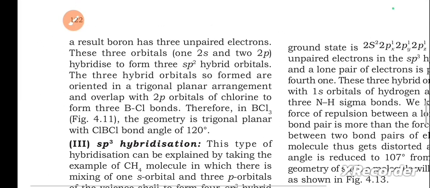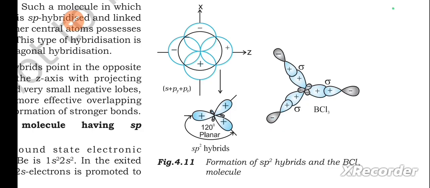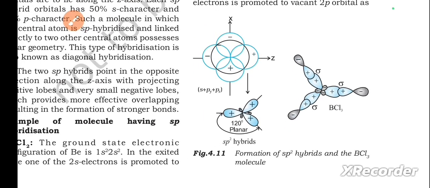These 3 orbitals, one 2s and two 2p, hybridize to form three sp2 hybrid orbitals. The 3 hybrid orbitals so formed are oriented in a trigonal planar arrangement and overlap with 2p orbitals of chlorine to form 3 B-Cl bonds. Therefore, in BCl3, the geometry is trigonal planar with Cl-B-Cl bond angle of 120 degrees. You can see the figure over here.